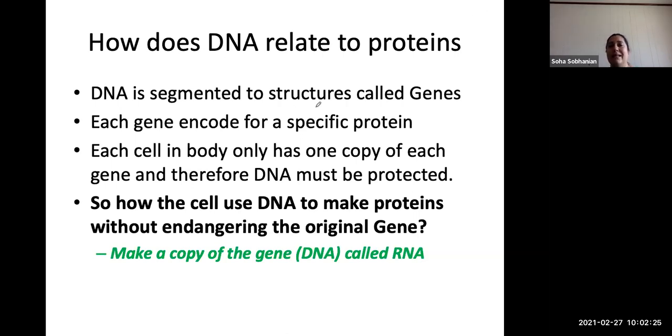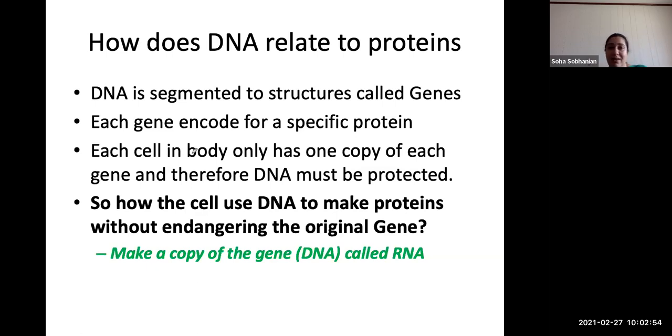So DNA is basically segmented or broken down into what we call genes. And you probably have heard of genes, right? Genes is a really common thing that we throw out there. Now, each gene is going to encode for a protein. Each cell in our body, again, we have trillions upon trillions of cells, but each of those trillions of cells has its own copy of DNA.